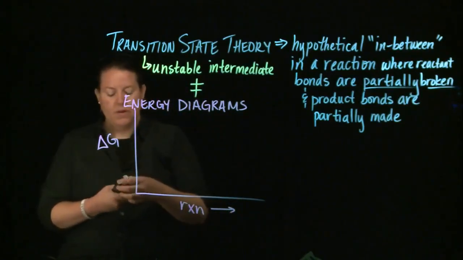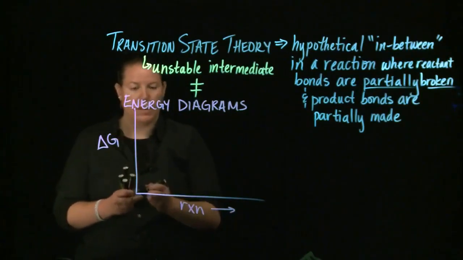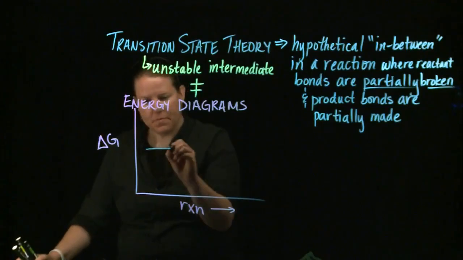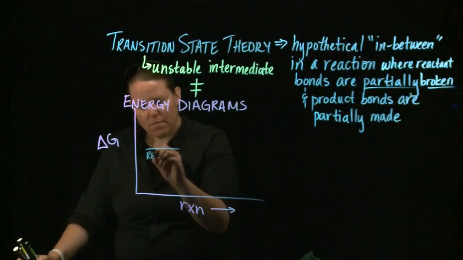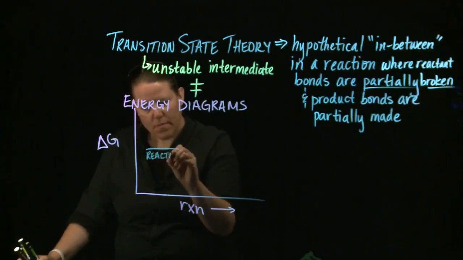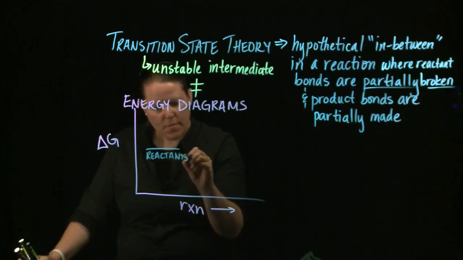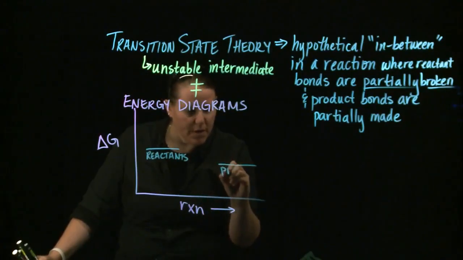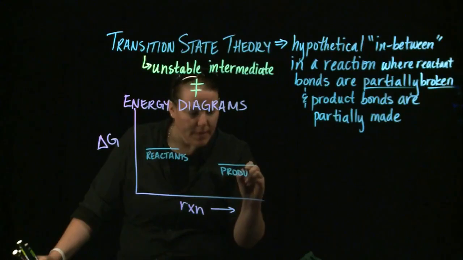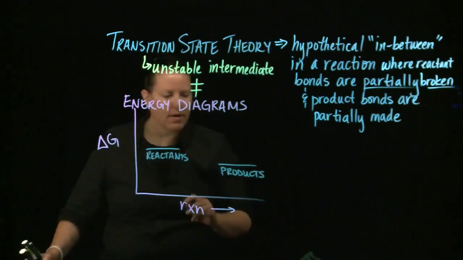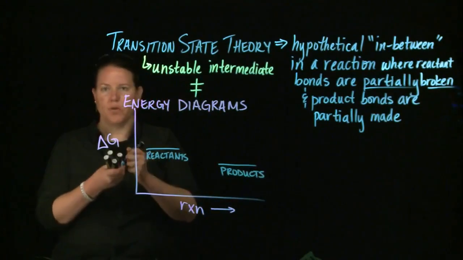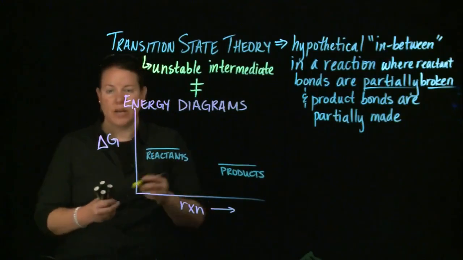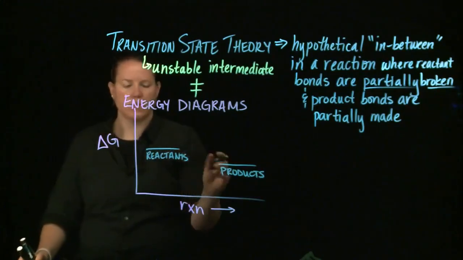So what we're going to have here is the reactants. And I'm going to start off with the products right here. And we're going to talk about a one-step reaction. Okay, so when this reaction happens, it doesn't just go from reactants to products.